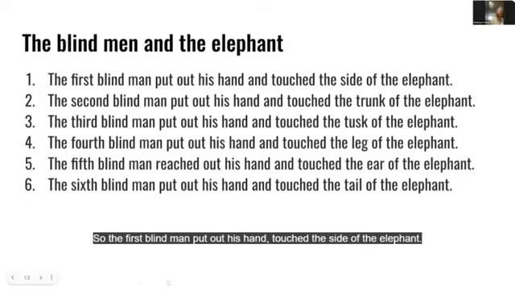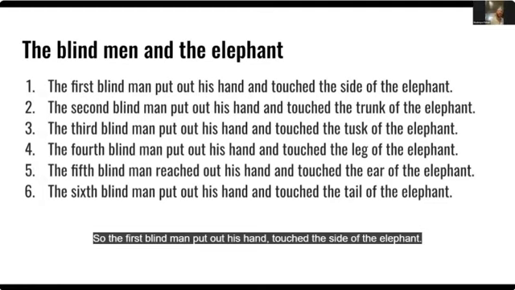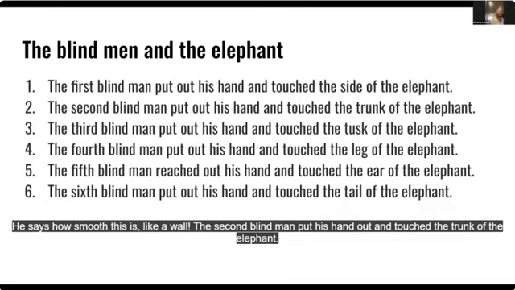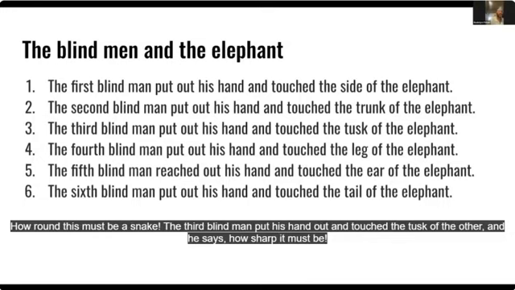The first blind man put out his hand and touched the side of the elephant. He says, "How smooth. This is like a wall." The second blind man put his hand out and touched the trunk of the elephant. "How round. This must be a snake." The third blind man put his hand out and touched the tusk of the elephant. And he says, "How sharp.